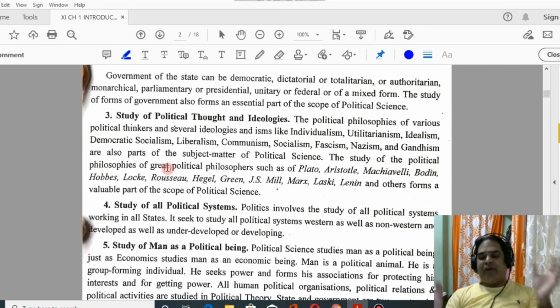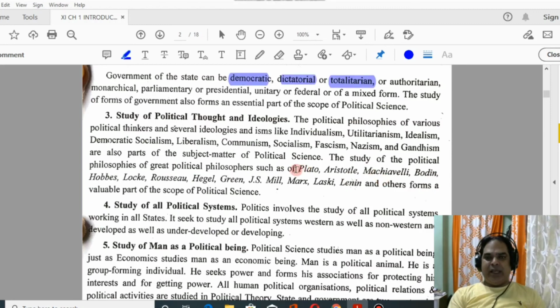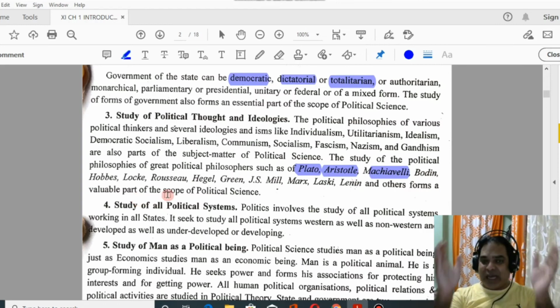Government can be of different types. The government can be a democratic government. Plato is there, Aristotle is there, Machiavelli. They are great political philosophers. Bodin, Hobbes, Locke, Rousseau, Hegel, Green, J.S. Mill, Marx, Laski, Lenin, and others.